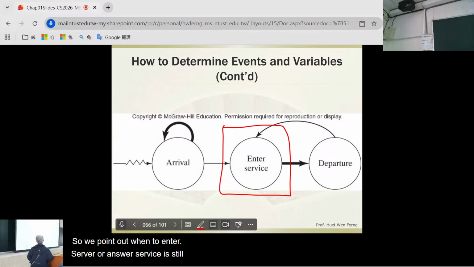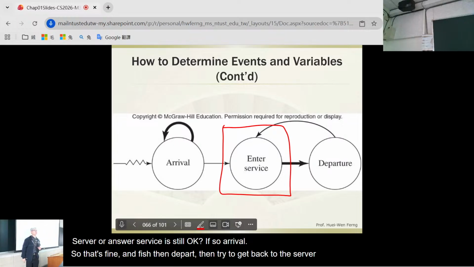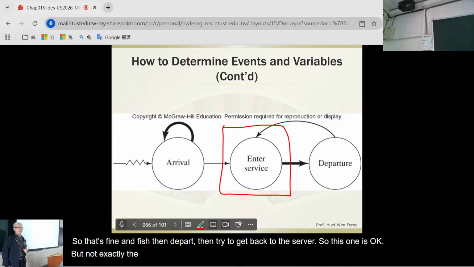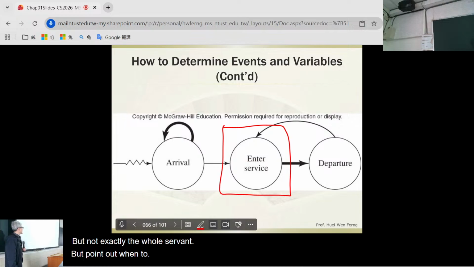So arrival, server, that's fine. And finish, then depart. Depart, then try to get back to the server. So this one is okay, but not exactly the whole server, but pointing out when to enter the service facility. So this one is okay as well.